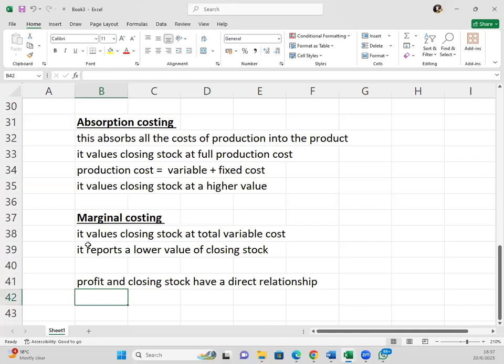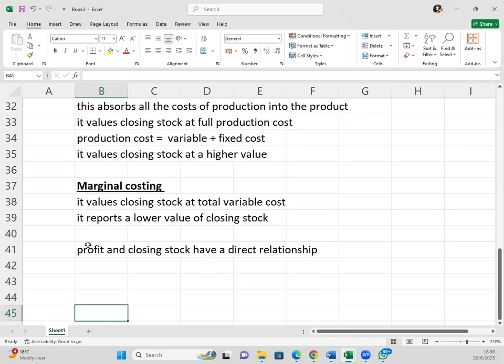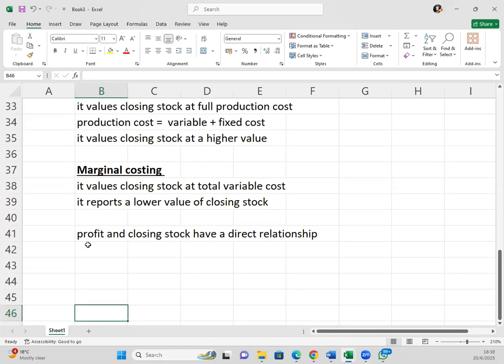If you increase closing stock, you also increase profit. If you decrease closing stock, you also reduce profit. So since absorption costing values closing stock at full production cost, or at a higher value, it also reports a higher profit than marginal costing.